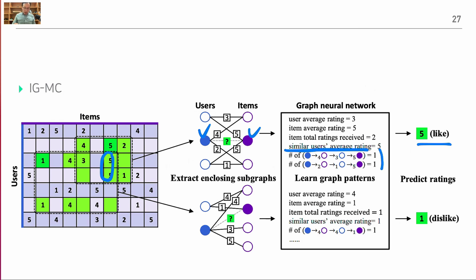So now we have a new subgraph to propagate information, and this information can be propagated to decide the final recommendation as 5 like this.